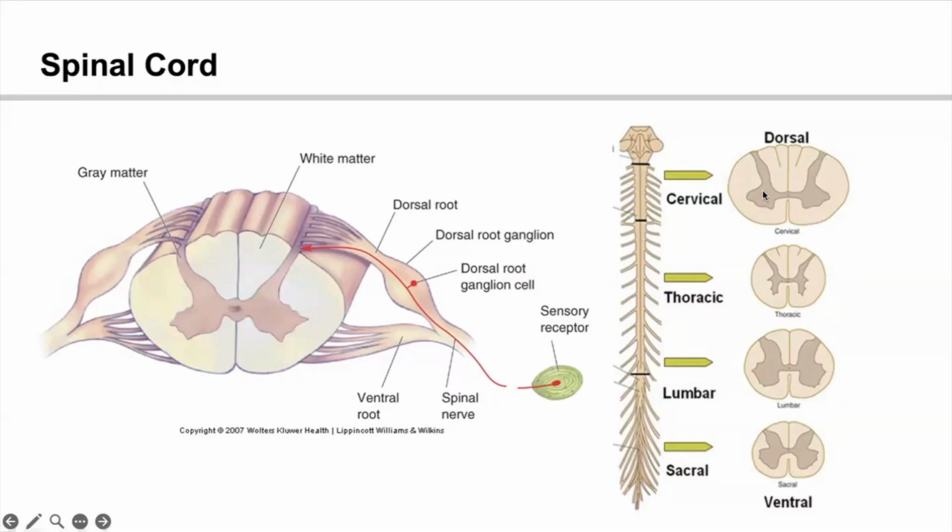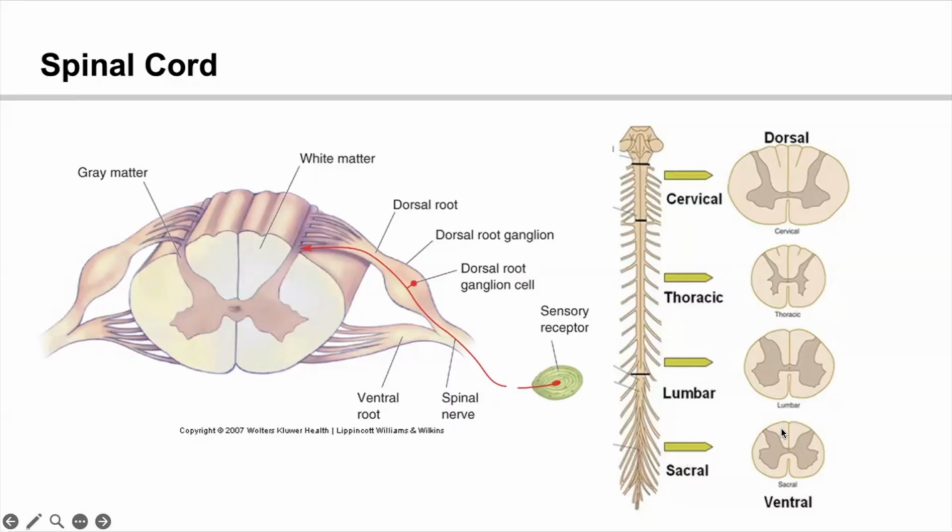On the other hand, the gray matter is least in the cervical region, and it increases as we go further and further into the sacral region. And there is an importance for this. Let's understand that. If we consider the sacral region, think about the axons that are coming into the sacral region.